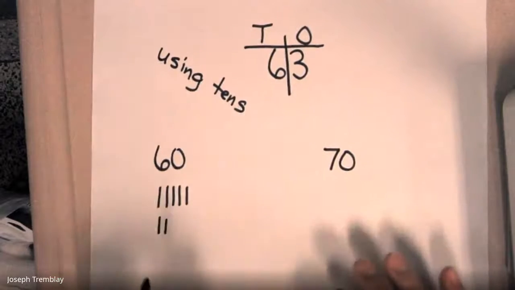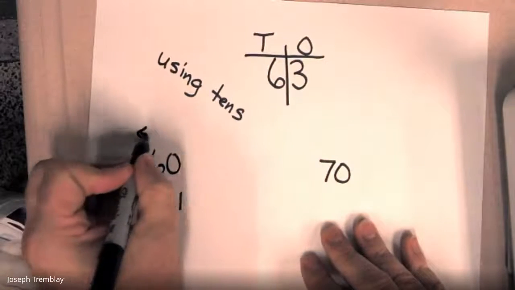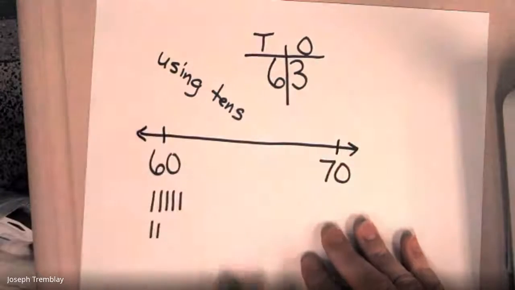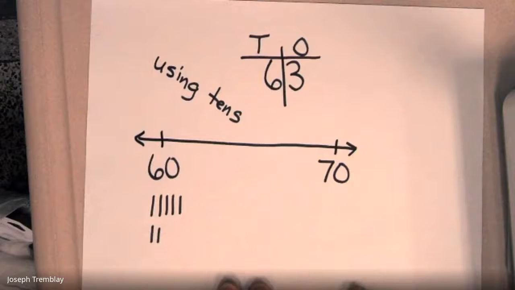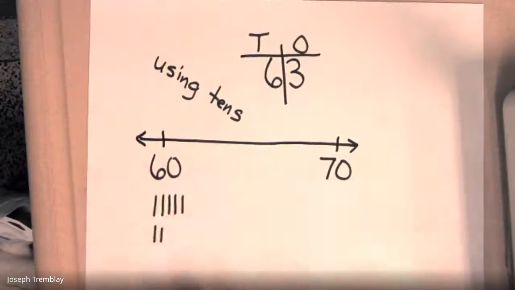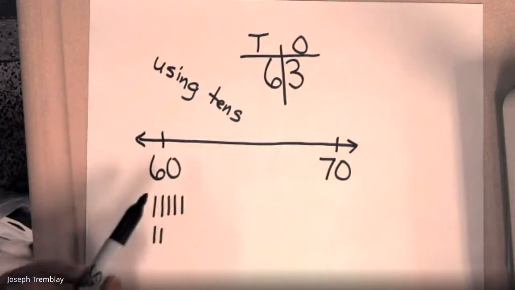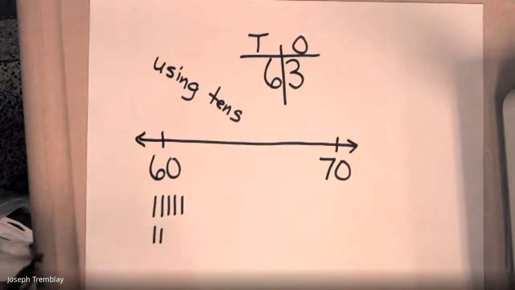Now all I'm going to do is make a number line between these two. I put my tick marks there because here are my two benchmarks. I know that we are adding 10, which is what I added to get 70.